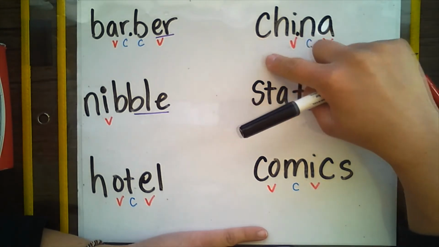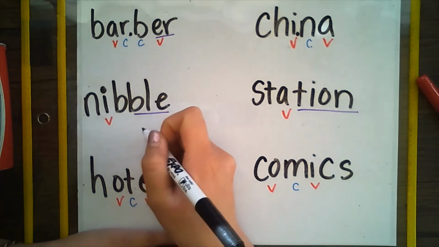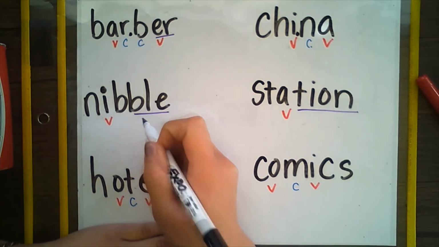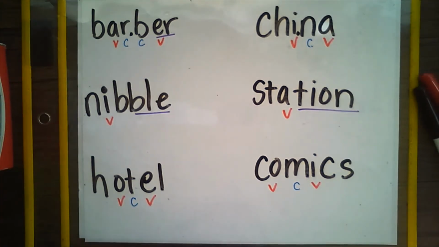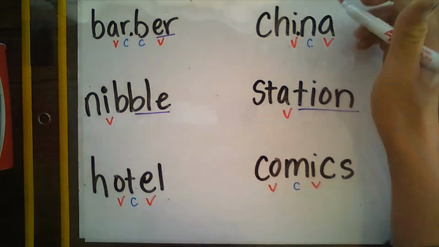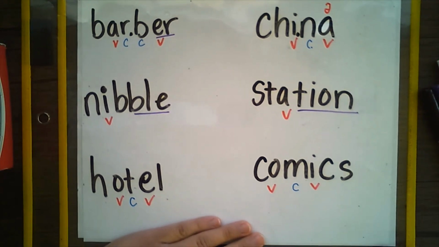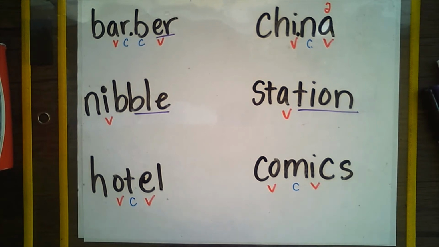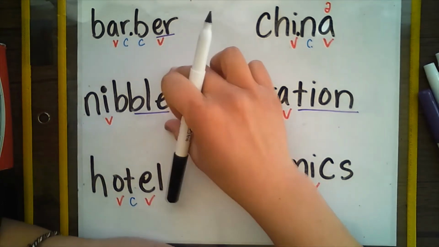Try for the real word, China. Great job. And my friends, you'll notice that here we have a schwa here as well, because instead of China, it's China. And that's a schwa because it doesn't sound like its normal vowel sound. Okay, let's keep going.